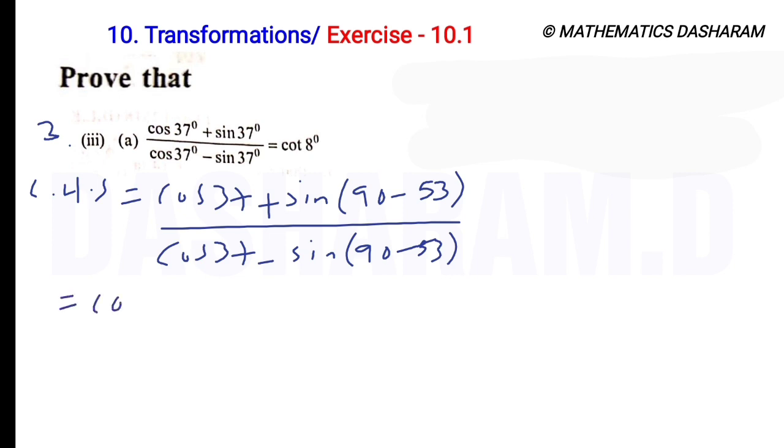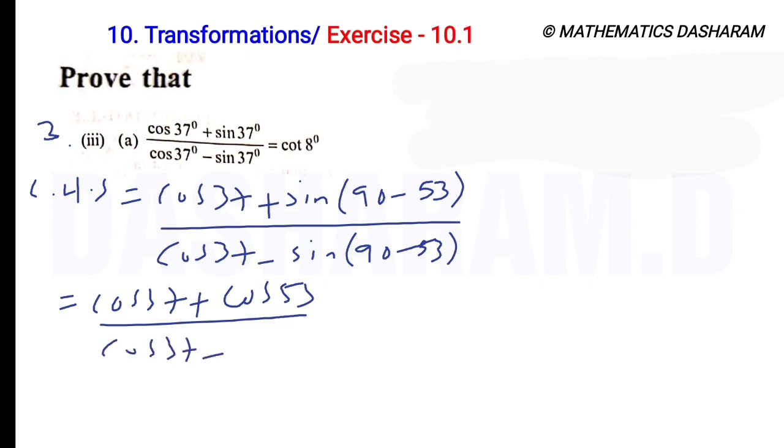So it is equal to cos 37 plus cos 53, since sin 90 minus theta is cos theta, divided by cos 37 minus cos 53 degrees.